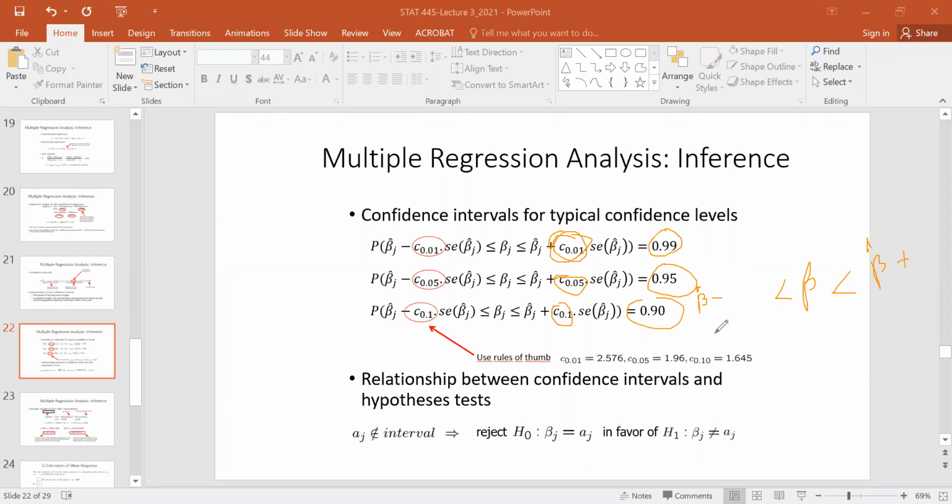What you are adding and what you are subtracting are the same: t with alpha over 2 and n minus k minus 1 degrees of freedom, times the standard error of the beta hat. You put the same in. So that's what we have said here: the one you read on the table is t, times the standard error. So it should be fairly easy to remember.